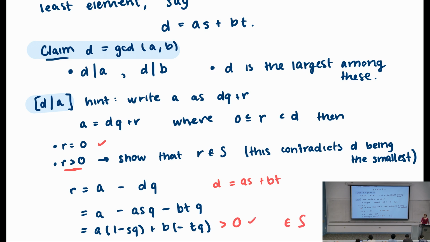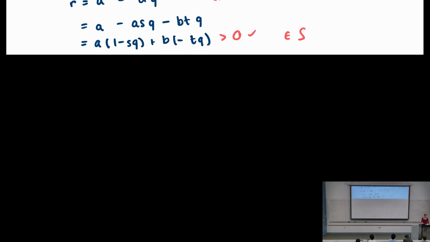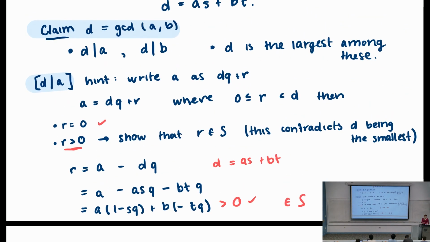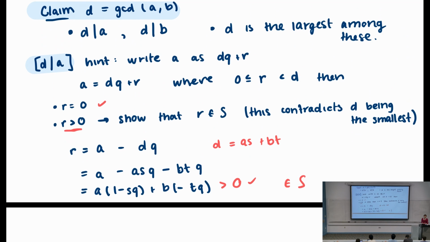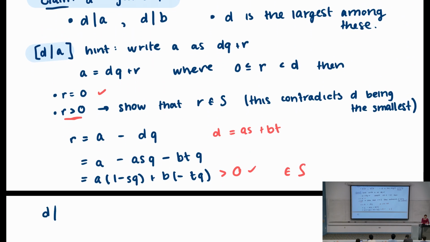Good, other questions? Okay, so then, right, so we proved that D divides A, and then D divides B. So we could just repeat this argument in the exact same way, and we would also find that D divides B. So are we happy with that?